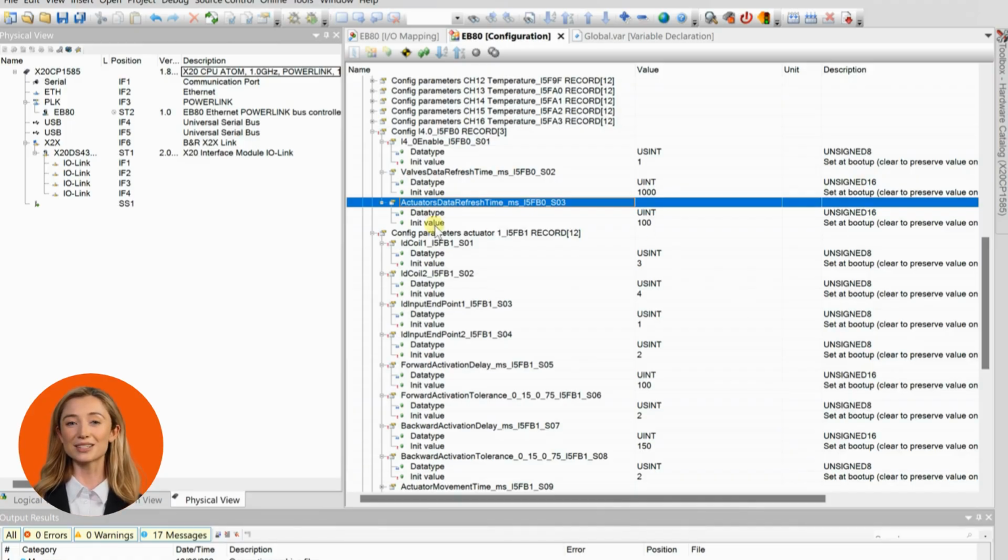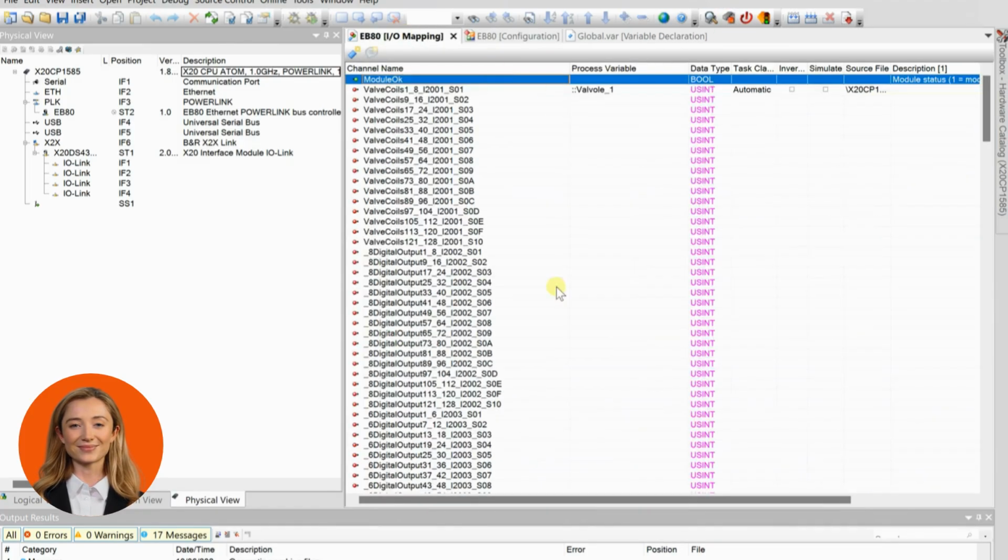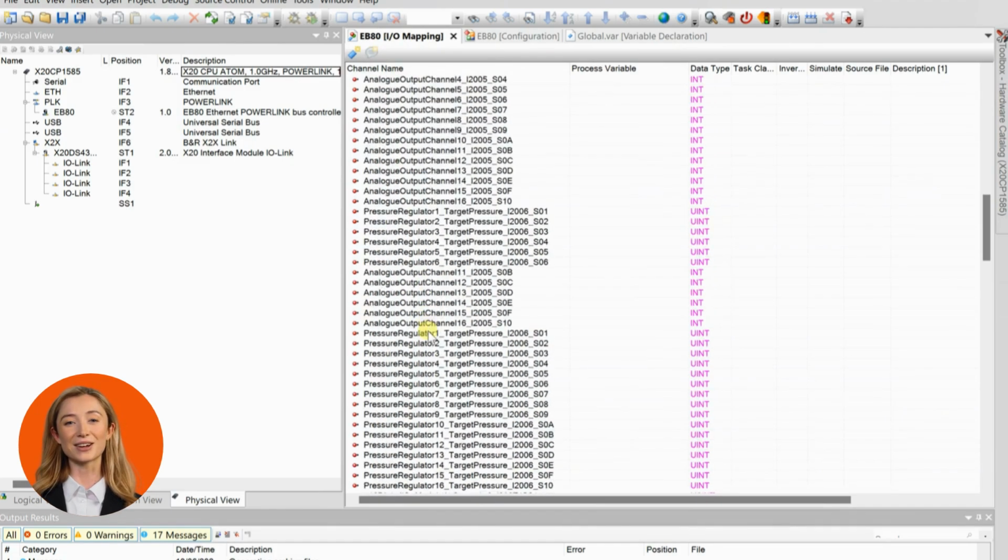Let's now review all the system data for the valves. We activate the monitor function.